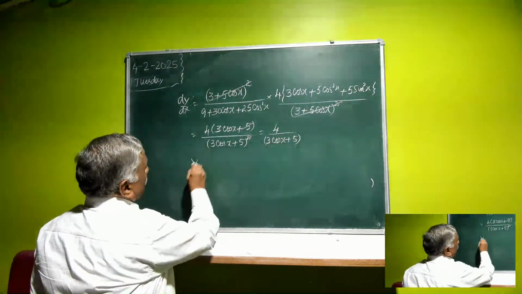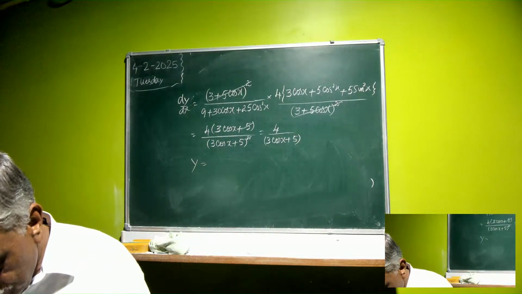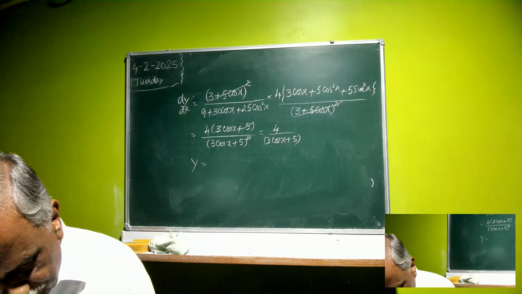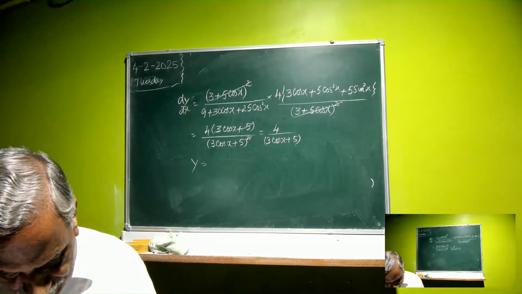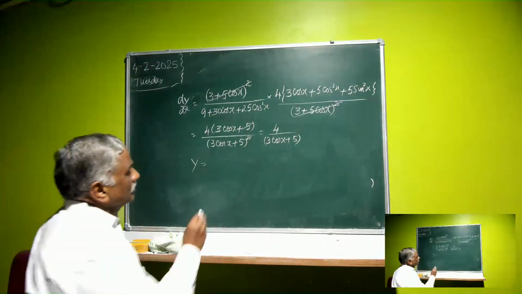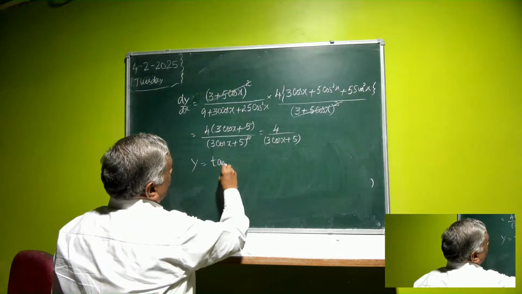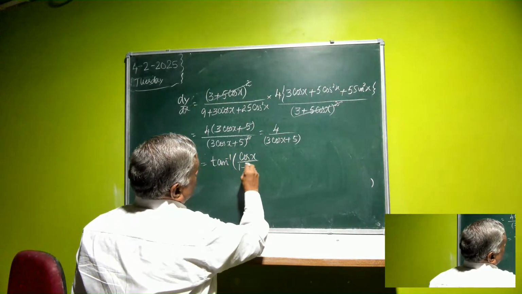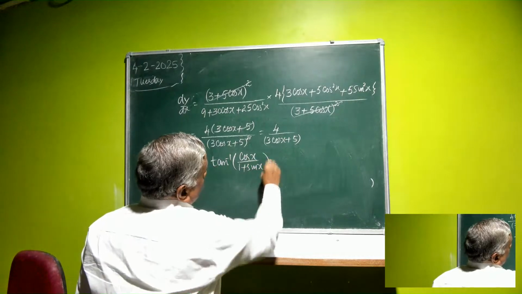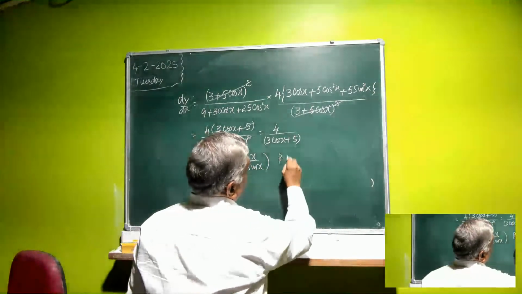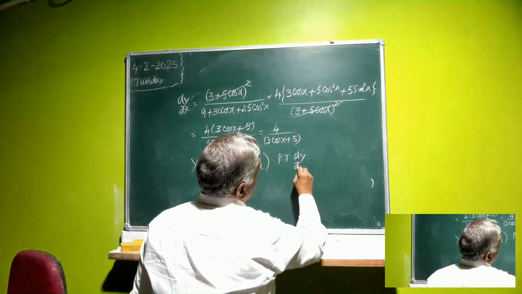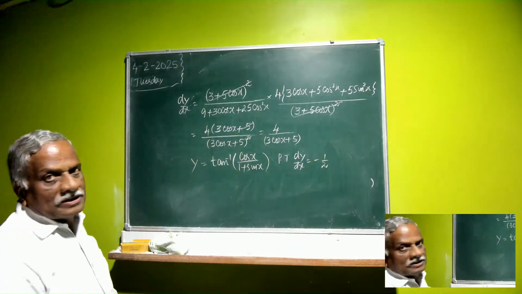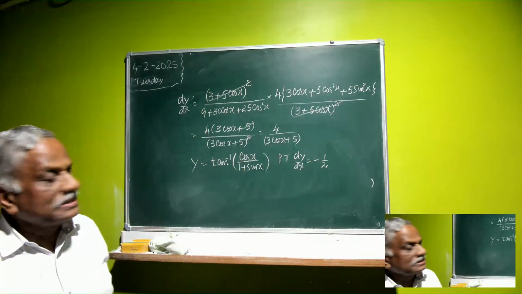Y is equal to tan inverse of cos x over 1 plus sin x. Prove that dy by dx is equal to minus 1 by 2. I just want to teach you this by two different methods.